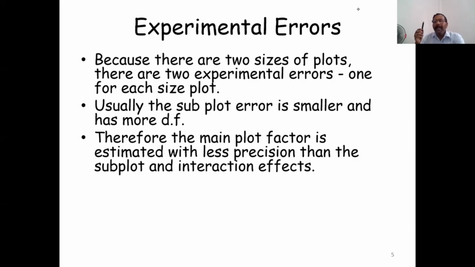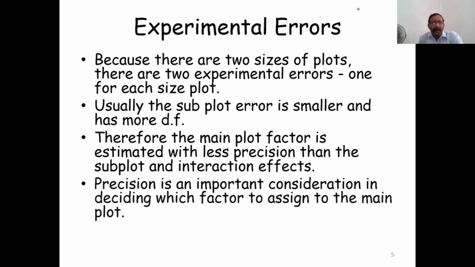Can you remember the main plot? Tillage is main plot. The varieties as well as the interaction between tillage and variety are in the subplot. So subplots are treated differently from main plot. Main plot has less precision compared to the subplot, right? That is the concept here.